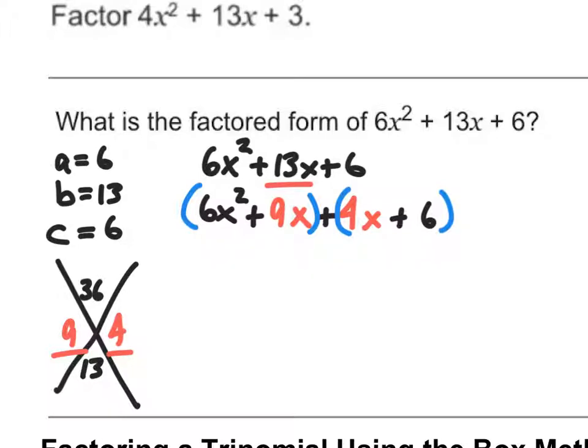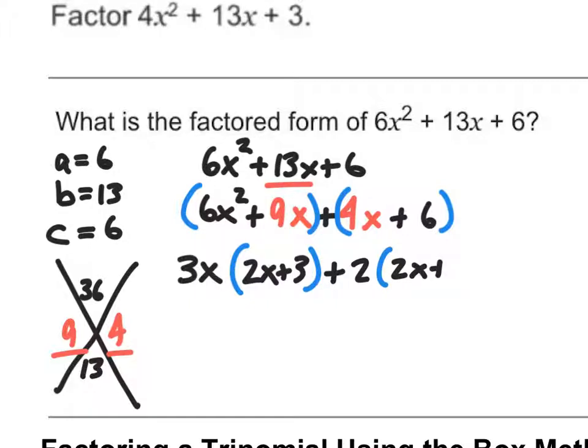And that's going to give me, I can factor out what, a 3x out of that? So if I factor out a 3x, then I'm left with 2x plus 3. Now I can also factor out a 2 out of here, and when I factor out a 2, I'm left with a 2x plus 3.